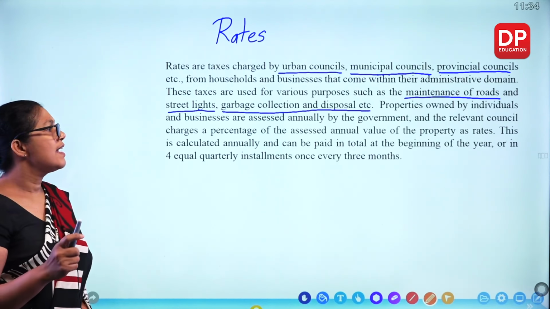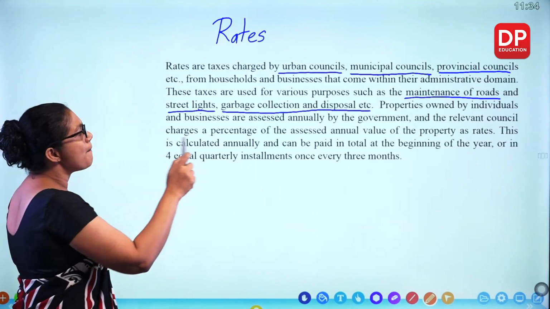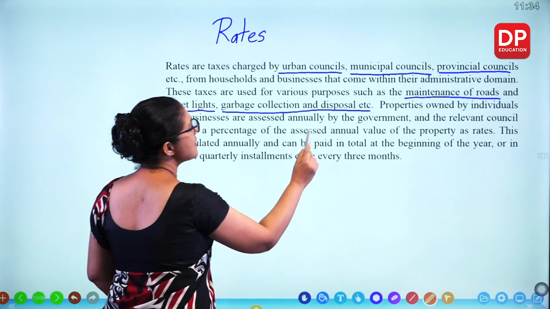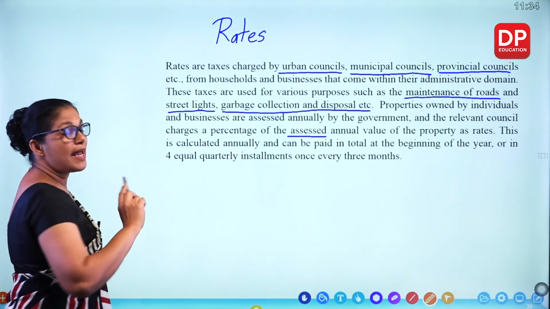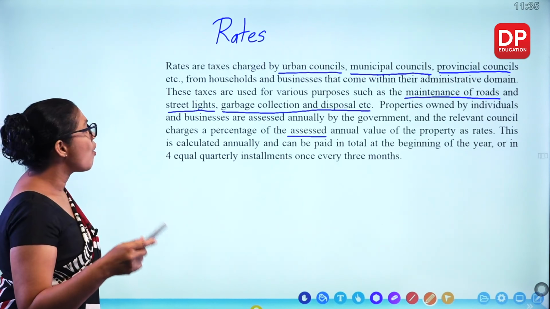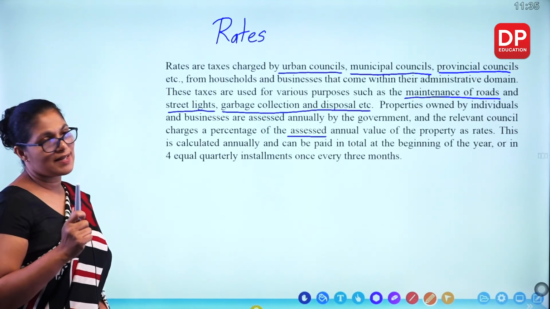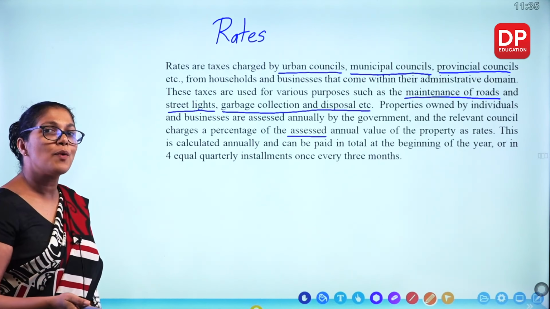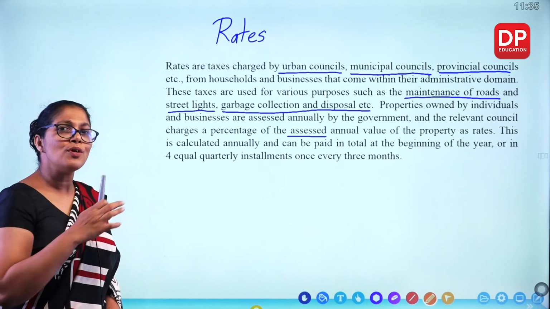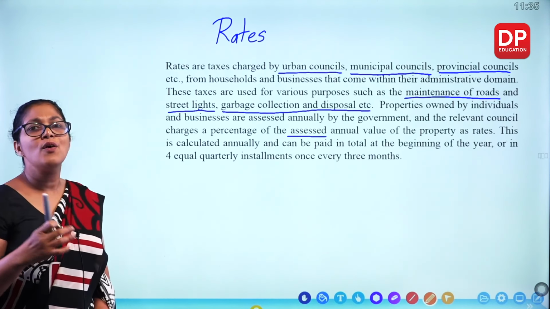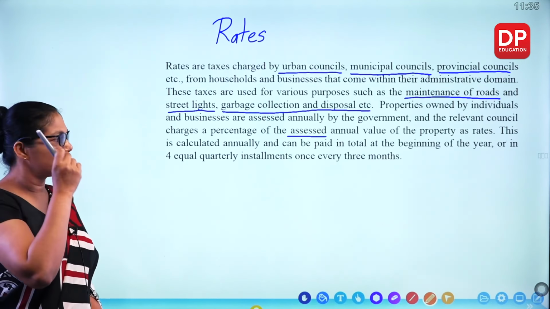So every year you have to pay rates, a percentage value from the assessed value. So you can pay at once or in quarterly installments once in every 3 months. Do you know when you pay at once, you get 10% discount. So most of the people pay at once for the whole year because they are getting 10% discount.